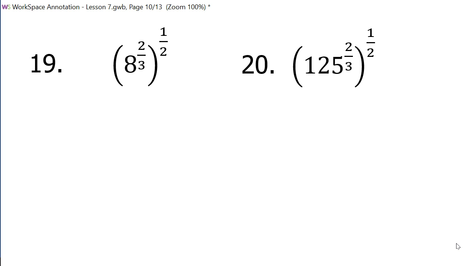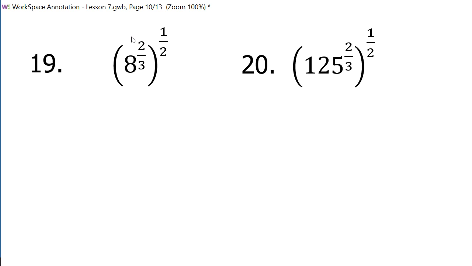Okay, number 19. We have 8 to the 2/3 raised to the 1/2 power. Now again, this is power to a power.